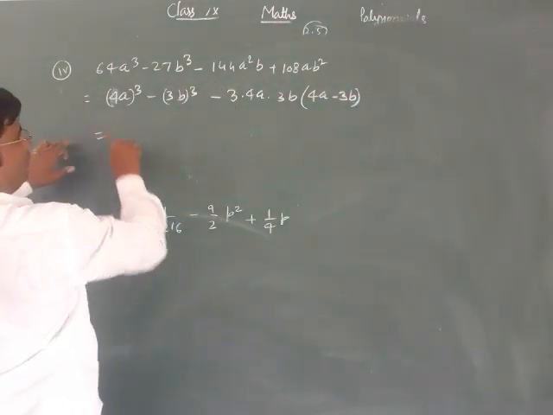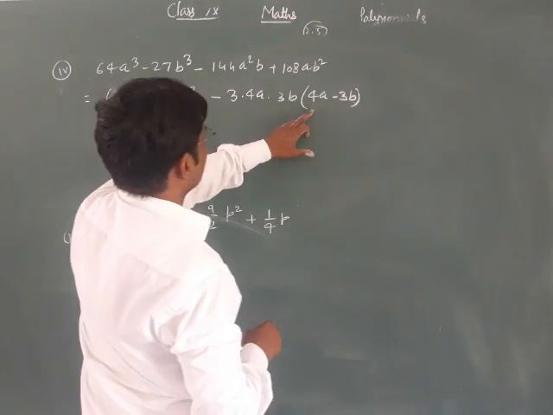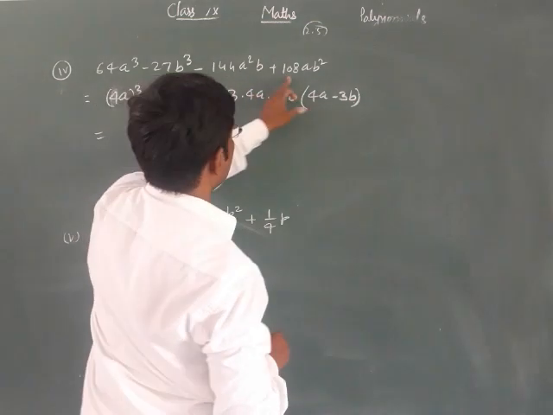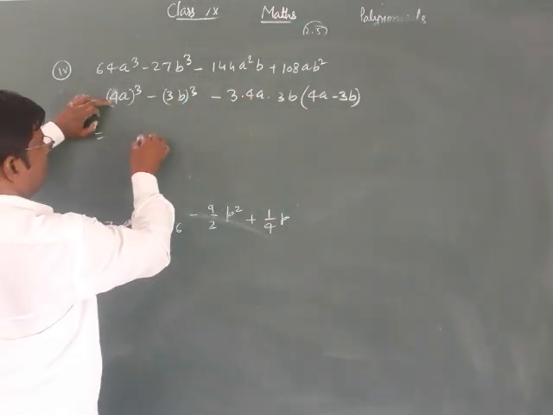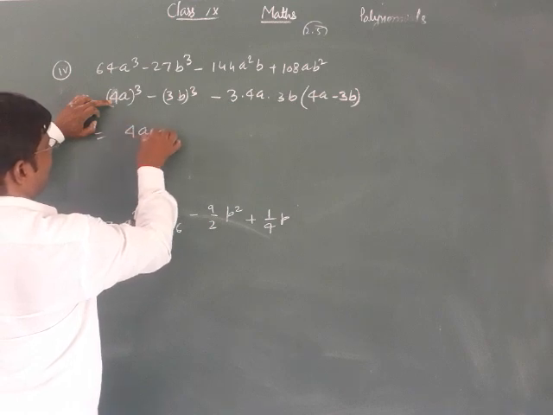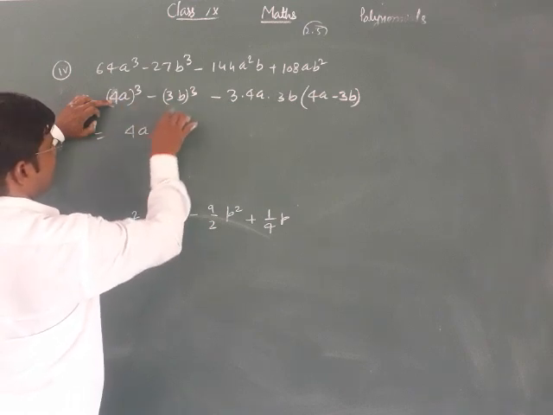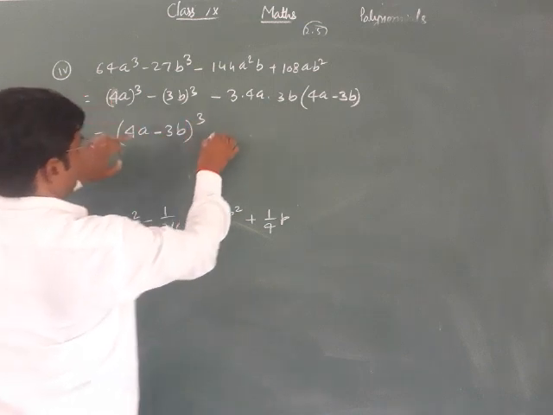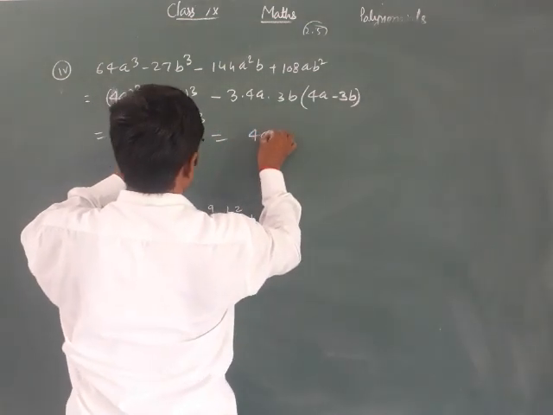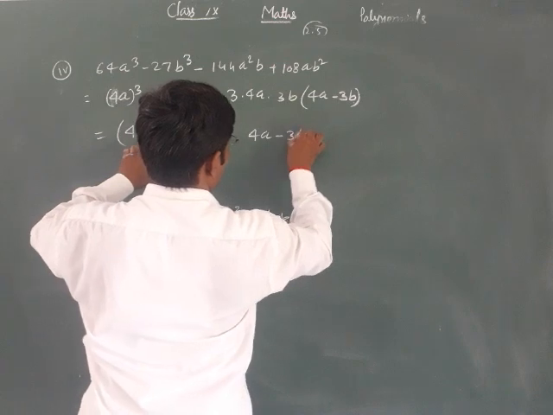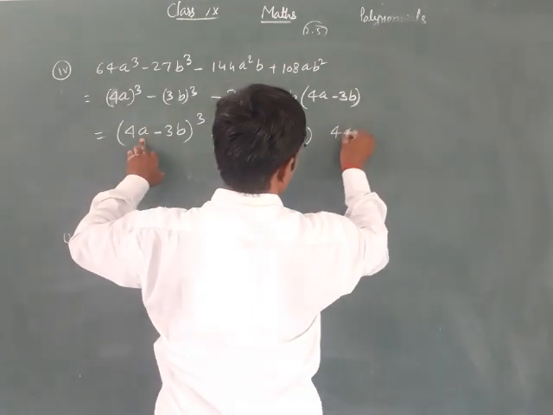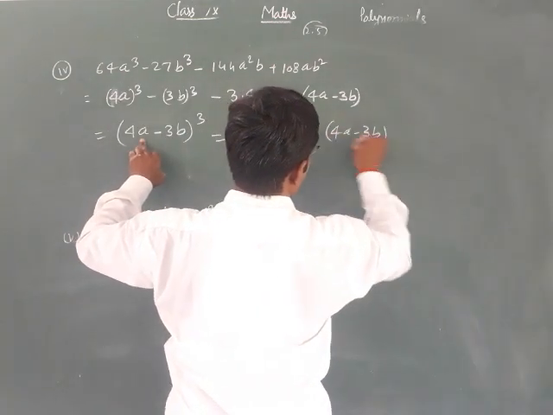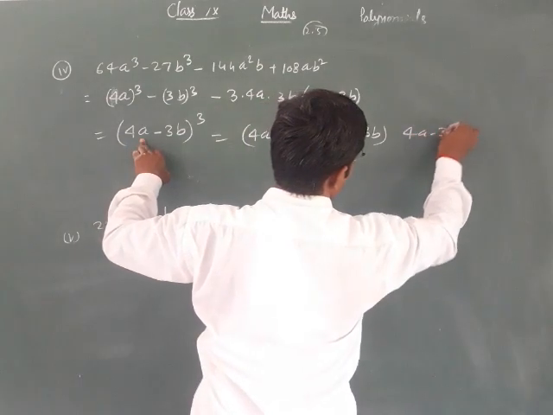So multiply this in this, so we get this. So also (4a minus 3b) whole cube. Also change it to (4a minus 3b)(4a minus 3b)(4a minus 3b).